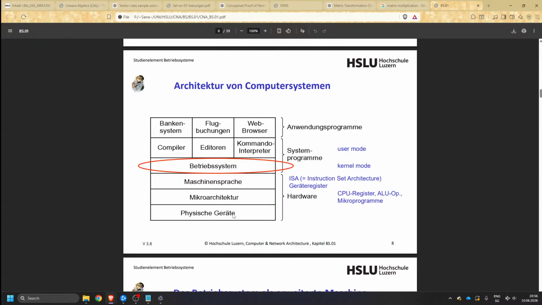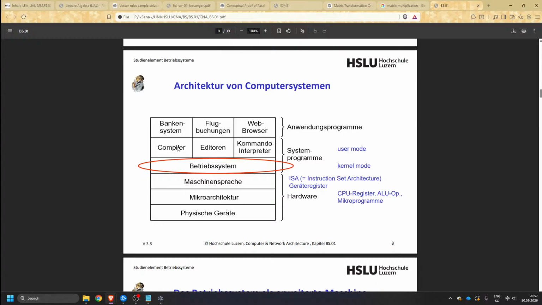So you have the physical device. You just have to remember the terms: you have the physical device, a microarchitecture, machine code, the operating system. Then you have the compiler.